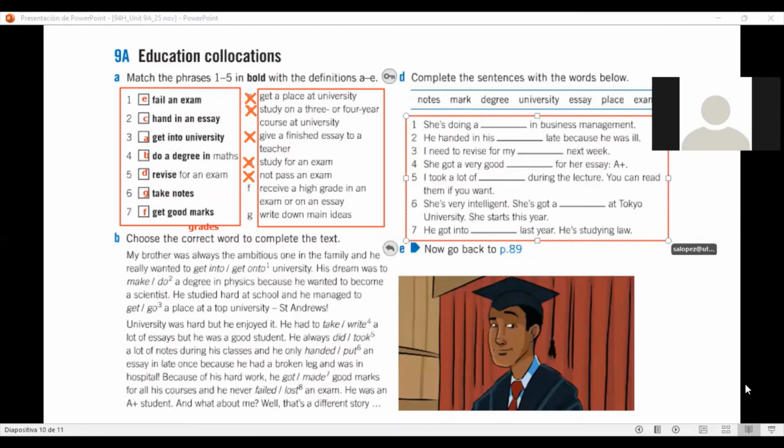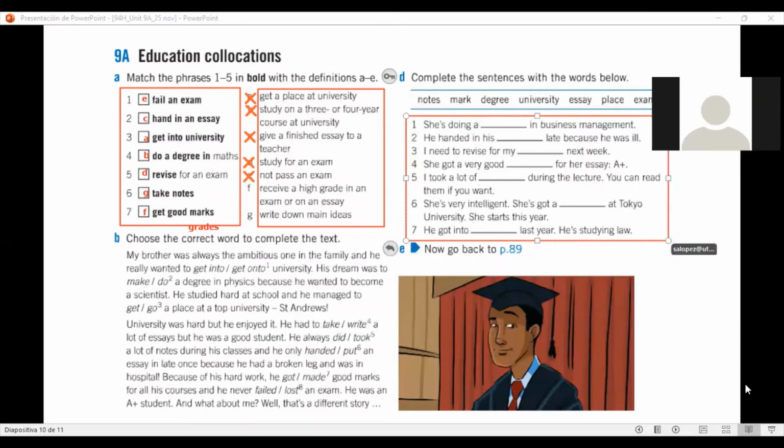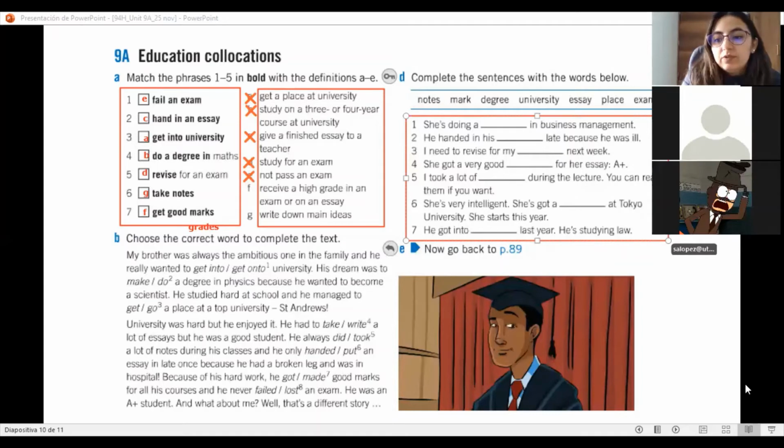Degree. Okay, you already told me, thank you. She's doing a degree, right? Ella está estudiando una carrera en administración de empresas. Good, she's doing a degree.